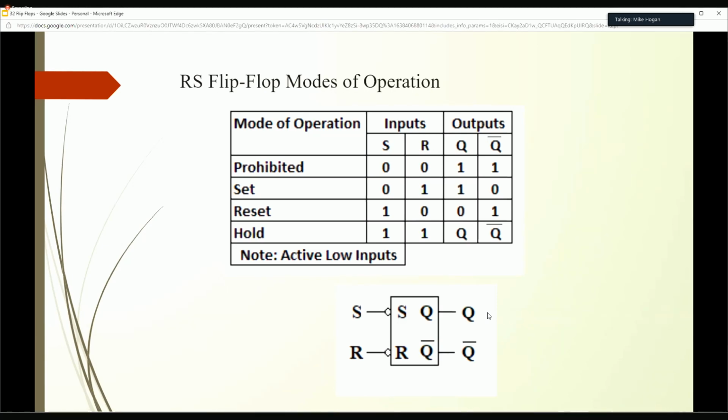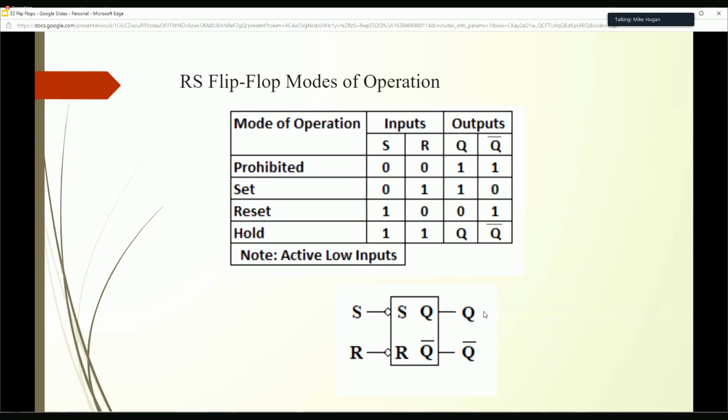Now, the one state that we skipped over is if I have a 0 on S, meaning that it is active, and I get a 0 on R, meaning it is active. So set is telling Q to be 1, reset is telling Q to be a 0. That's really a prohibited state.